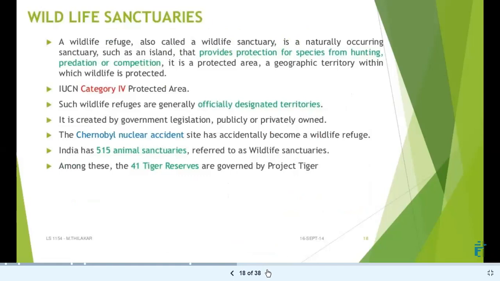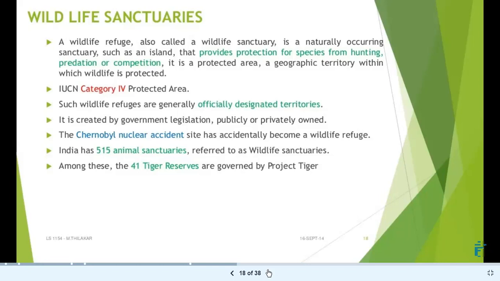Wildlife sanctuaries. A wildlife refuge, also called a wildlife sanctuary, is a naturally occurring sanctuary, such as an island, that provides protection for species from hunting, predation, or competition.